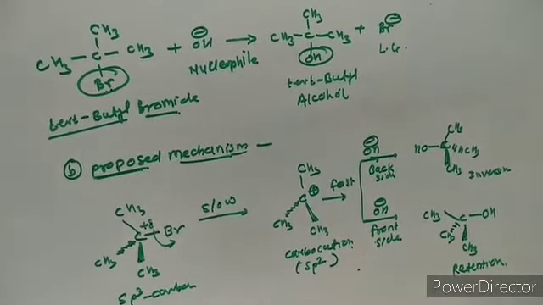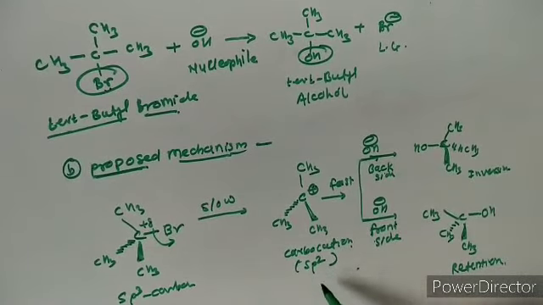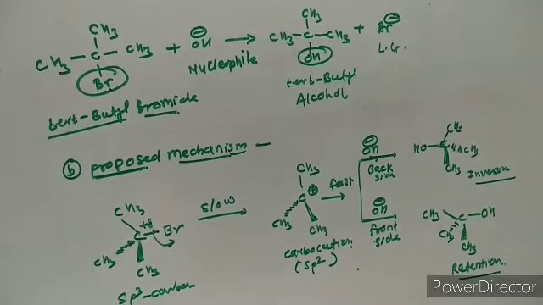So we discussed that the sp2 carbon has planar geometry, so there should be 50% inversion and 50% retention of configuration, but actually there is a variation in the retention and inversion. So why does this happen, let's discuss that in another point.